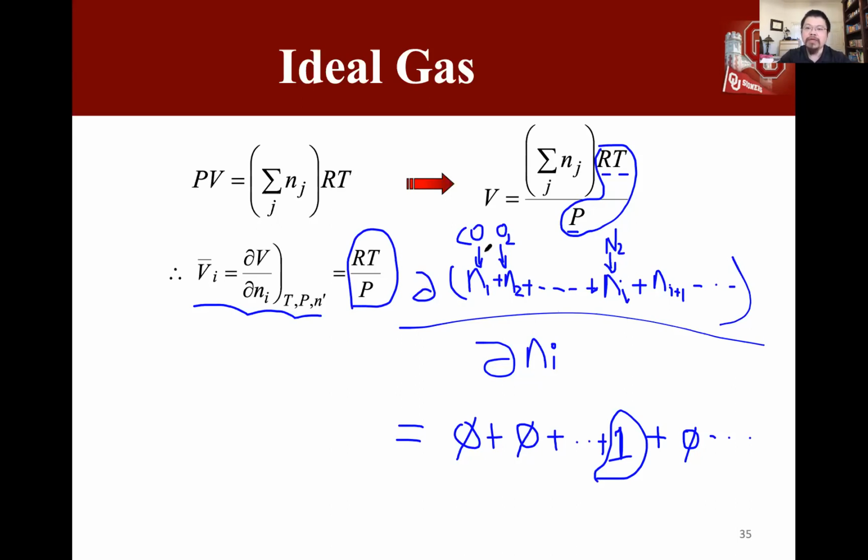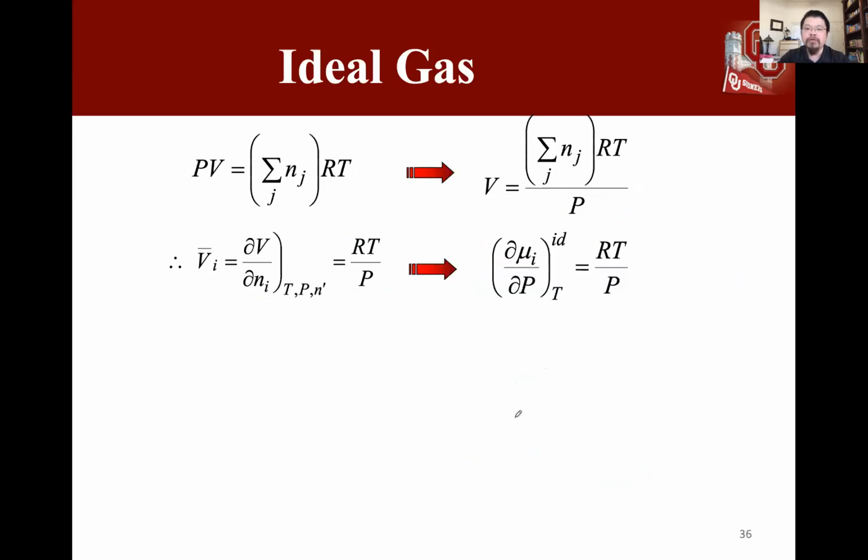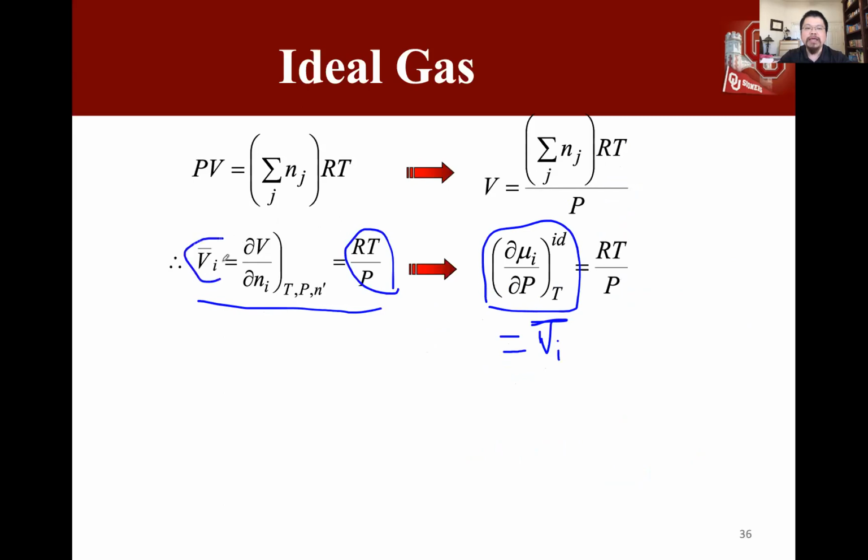So try to come back to take a look at what's going on for those multiple terms and their partial derivative. So if we move on, then we have received this term, then this is purely to replace and utilize the fact that this equals Vi with the hat, partial molar volume. So if I have this term, then we are going to replace the left-hand side by d mu i over dP at constant temperature. Now this is ideal gas.